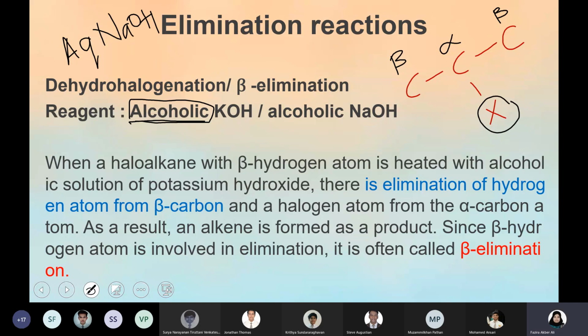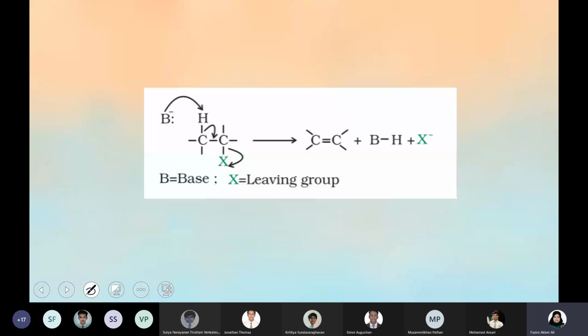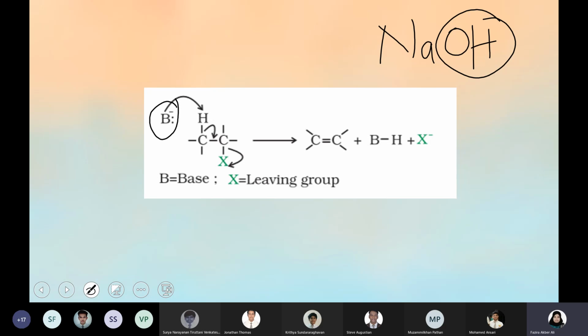Fine, so this is the introduction. Last year we also discussed the same thing as a method of preparation of alkenes, as you can see in the next diagram. Here, the base, B negative, if you take NaOH as a base, the OH negative, will be attacking the hydrogen on the beta position, and the halogen, the X group, is also removed, forming a double bond between the alpha and beta carbon.